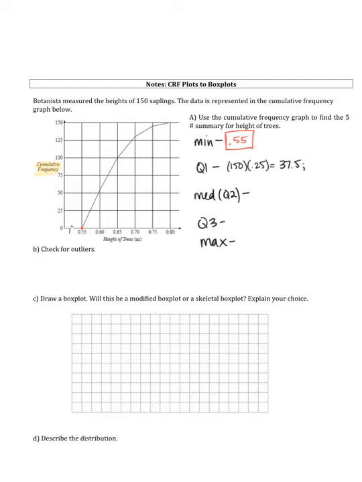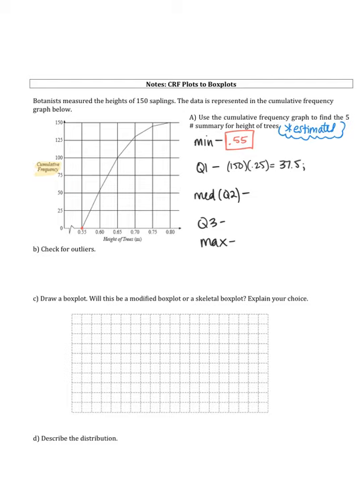One thing you need to make sure of is that these are just rough estimates. Depending on the scale, there's no way for us to get a perfect figure, but a rough estimate will give us an idea about the shape, center, and spread of the distribution. So let's check this out, 37.5.